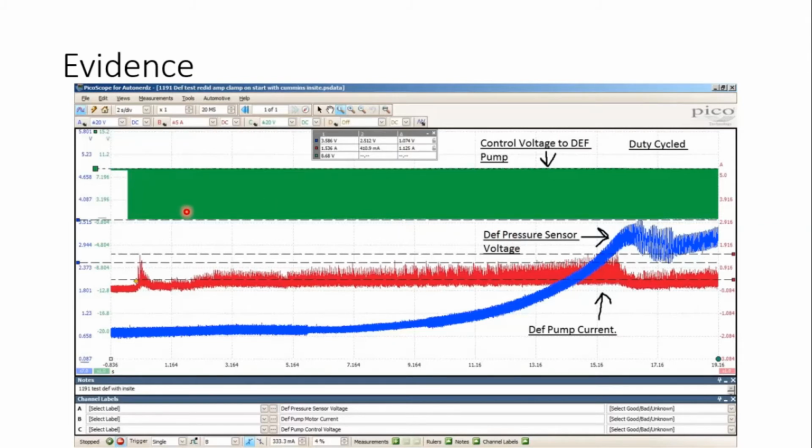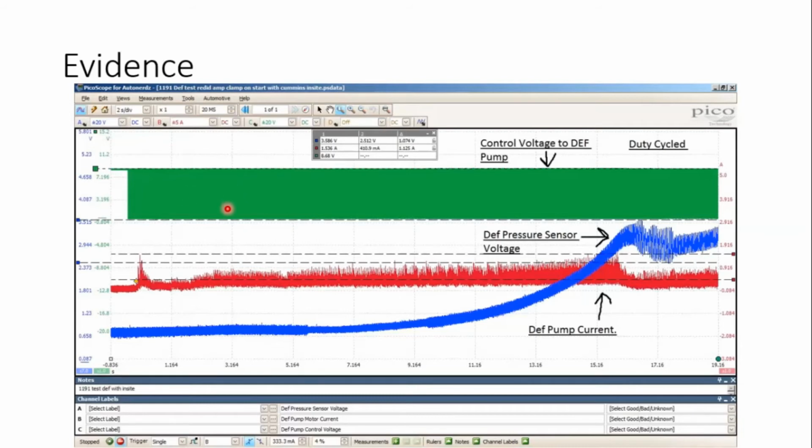The controller sends a voltage out, the DEF controller. The DEF pump then grounds the circuit, okay? And then the pressure sensor is the feedback signal, and that tells the DEF pump how much to ground the signal.